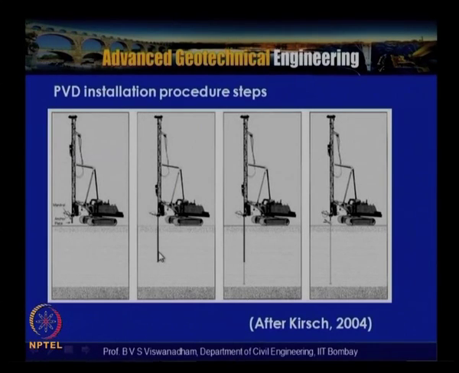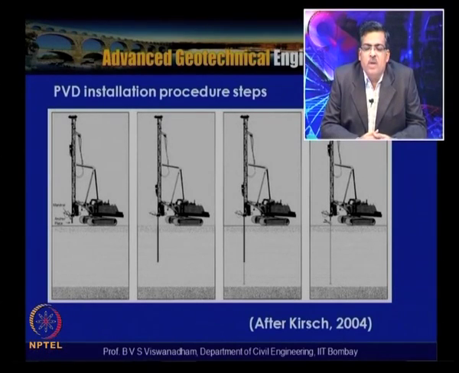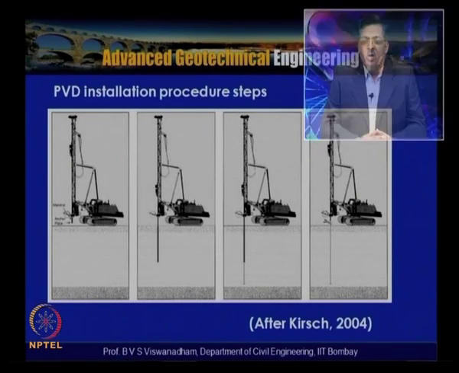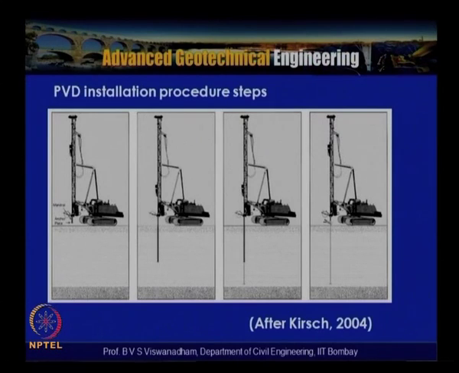These mandrels have different shapes. They have a rectangular mandrel surrounding the drain, or the rhombus shape mandrels. Basically these mandrels have been designed from the construction practice point of view to reduce the so called smearing effect or disturbance during the installation of these prefabricated vertical drains. So here a typical stage wise installation of PVD is shown schematically.